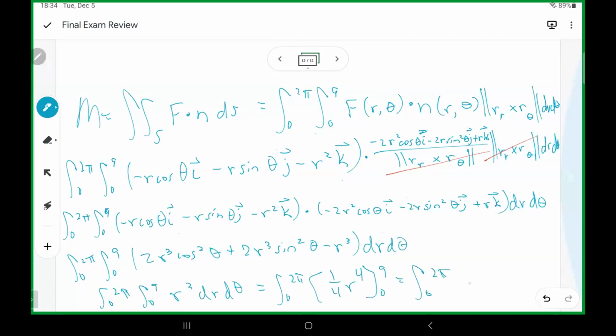Then 0 to 2 pi of 6,561 over 4 d theta, which is going to be 6,561 over 2 pi. Okay.